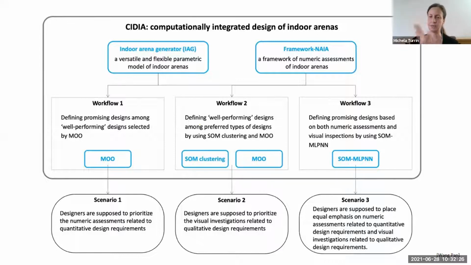intends to flip the priority toward the qualitative aspects, and in this case we are using self-organizing maps as a clustering way of categorizing the geometric features contained within the solution space. So we first try to make the parametric model as broad as possible, in order to include a very large variety of different design solutions.